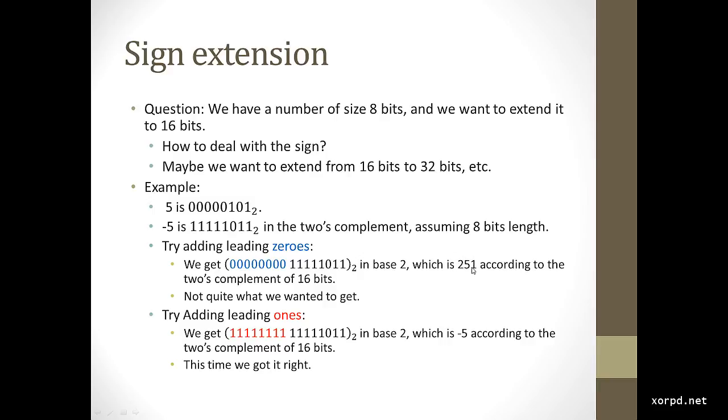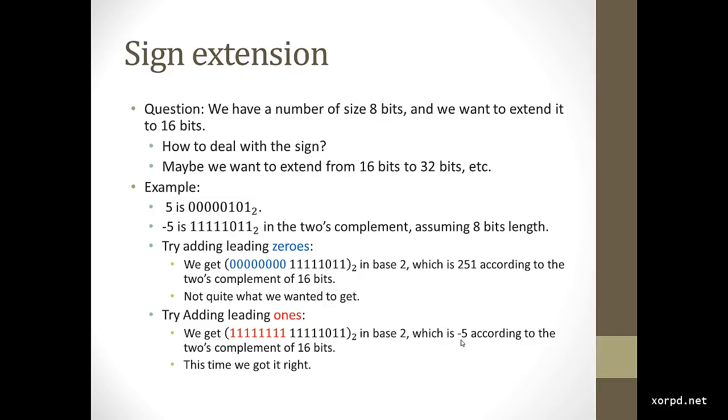Let's try something a bit different. Maybe we try to add leading ones. Leading zeros didn't work. Maybe leading ones is going to work. And we get this in base 2, which is surprisingly minus 5 according to the two's complement of 16 bits.